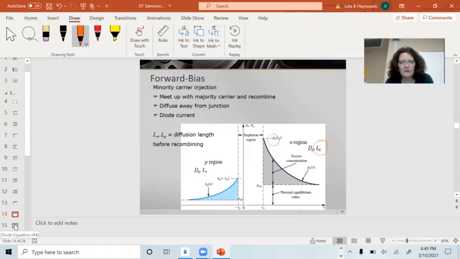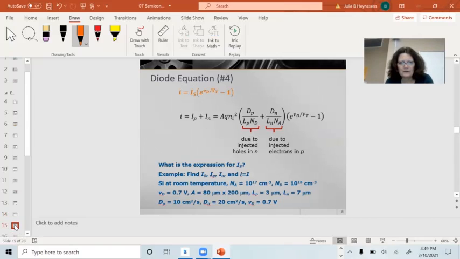And the diffusion constant, okay. L is how long it takes, and the diffusion constant is how likely it is. So the two together help form this part of the equation right here.